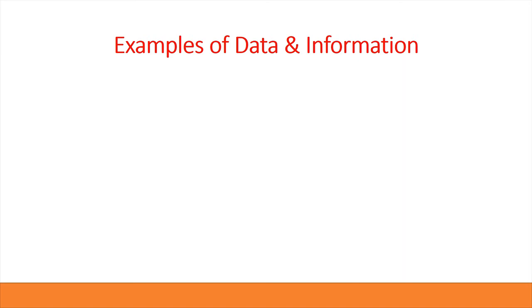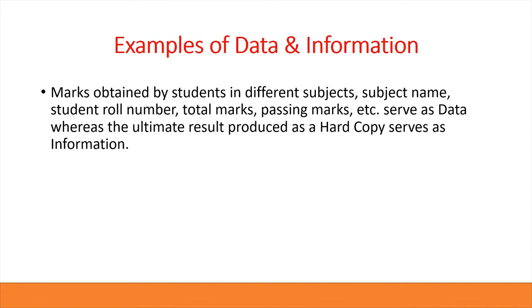When we move forward, let's see particular examples of data and information. The first example, for students, is the concept where you, being a student, sit for an examination. Then what happens after you sit for an examination?